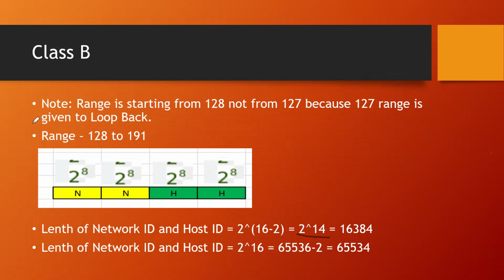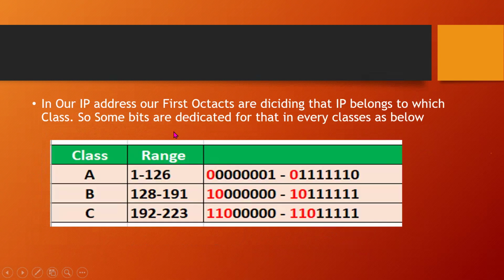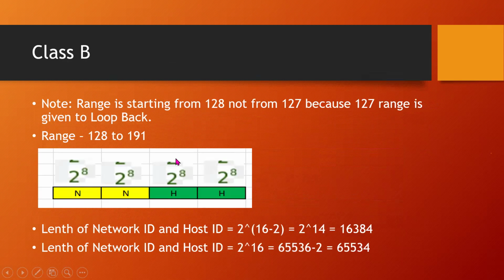I can show you again: for class A, 1 bit was given for the class, so we subtracted 1, and here we subtract the 2 bits, 10. So that's why we subtract.